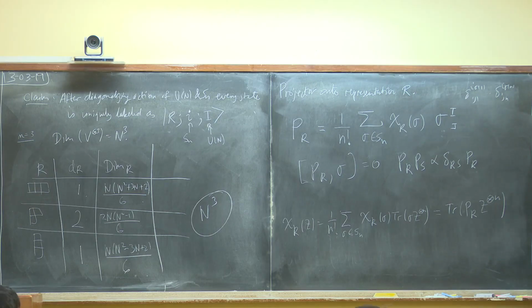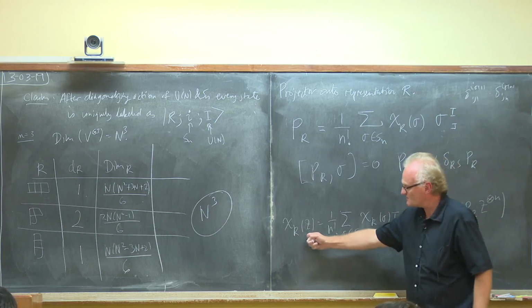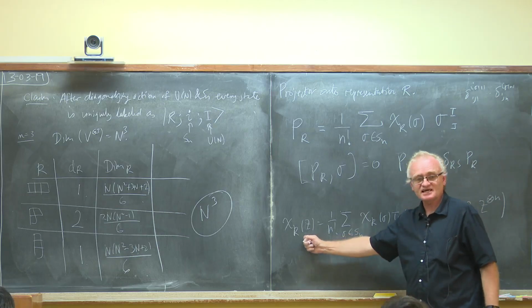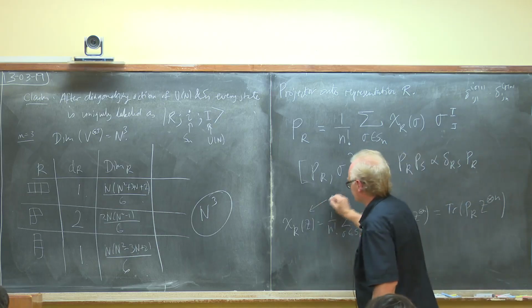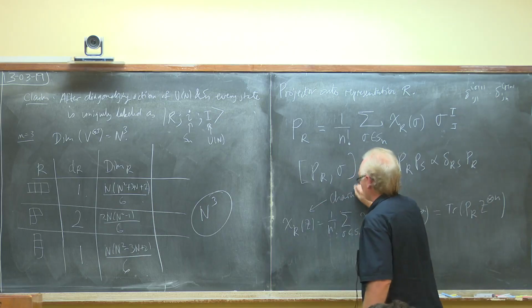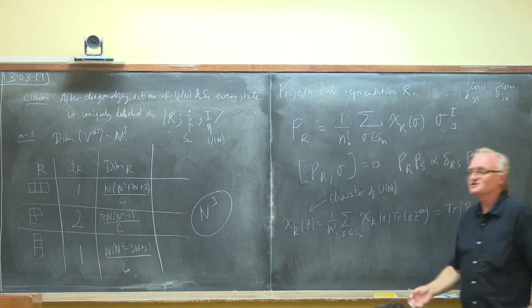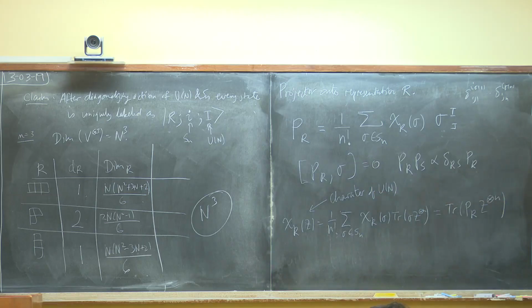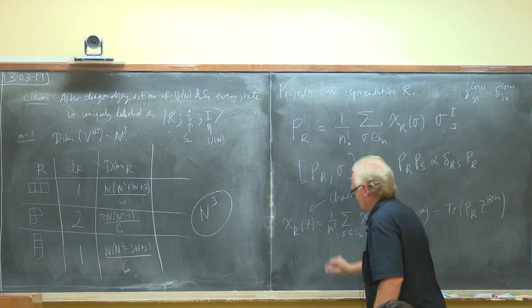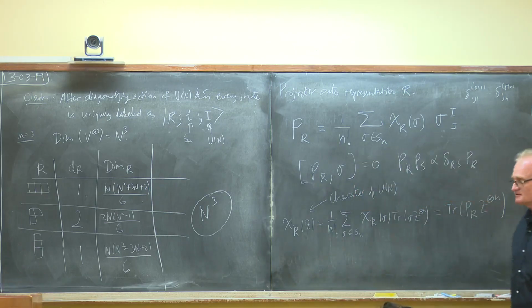One thing that I should say, so this is going to be important now, this guy is actually a character of UN. Which you've just proved, right? Absolutely, yep. Because you projected onto that part, the UN representation, and then taken the trace. Exactly, yep. Sorry, what was chi R sigma? Did you discuss?